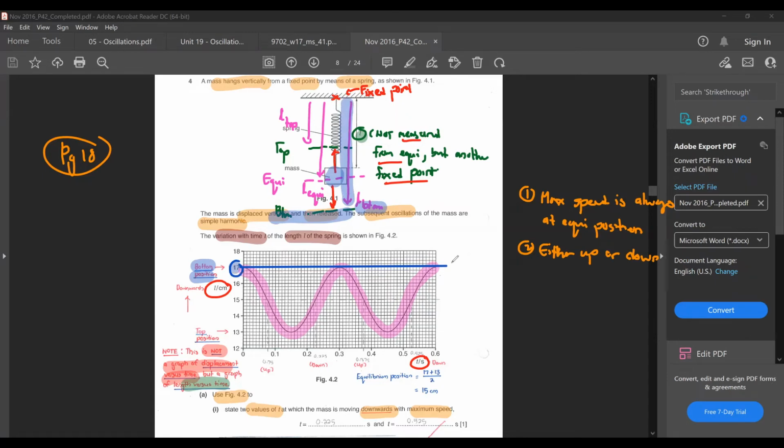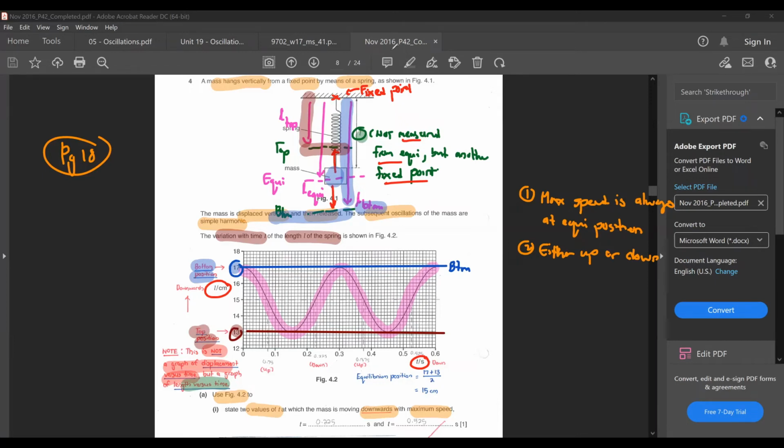Conversely, this position here is the lowest length value. The lowest length value ought to be when you are at the top position, because if you are at the top position, your length measured from the fixed point at the top would be the shortest. So this one is your top position.